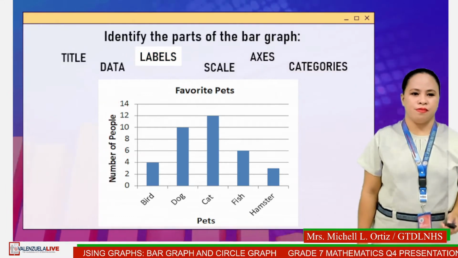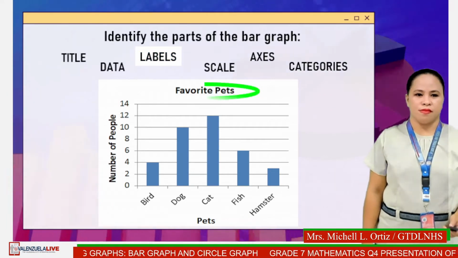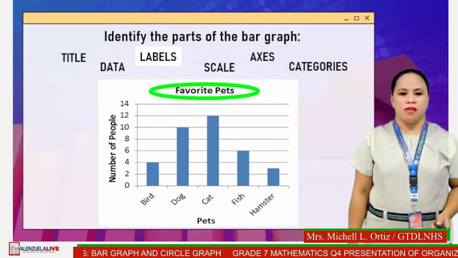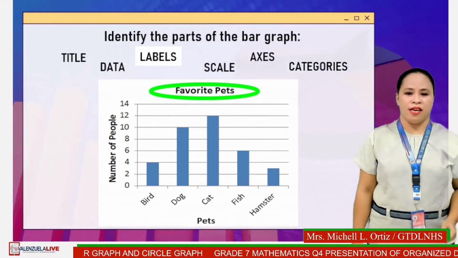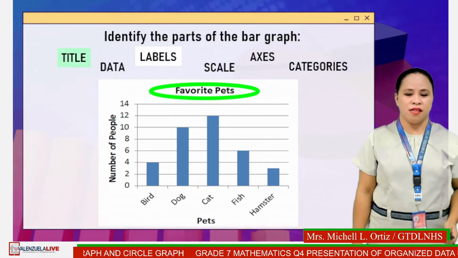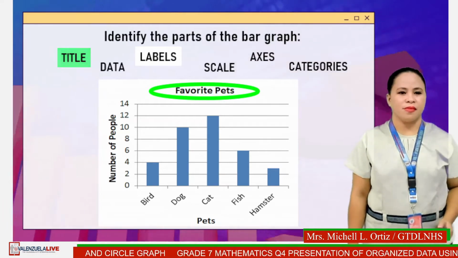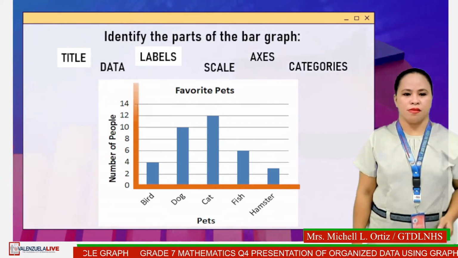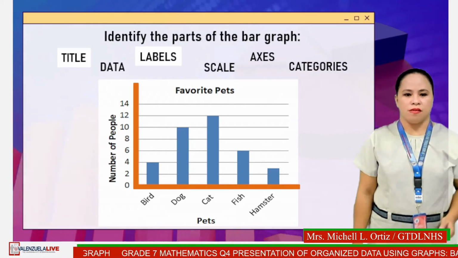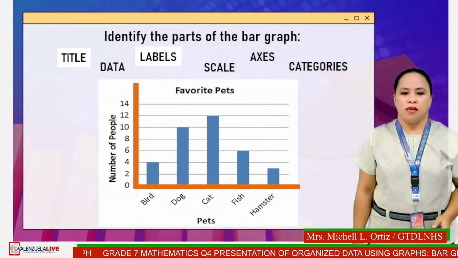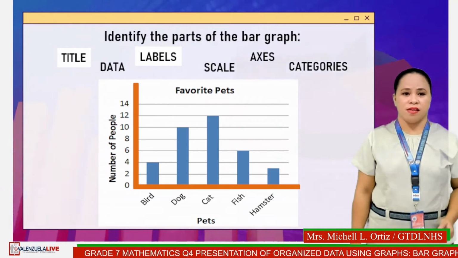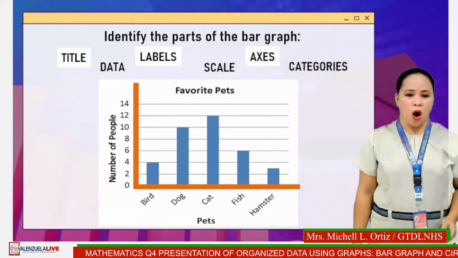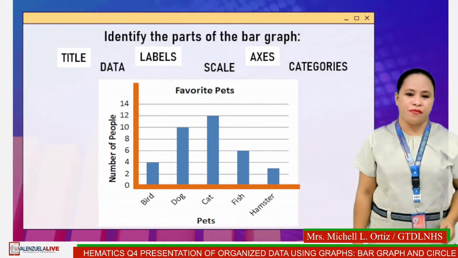Number 2. If your answer is title, then you are correct. Number 3. The correct answer is axis. We have two axes, the horizontal axis and the vertical axis.